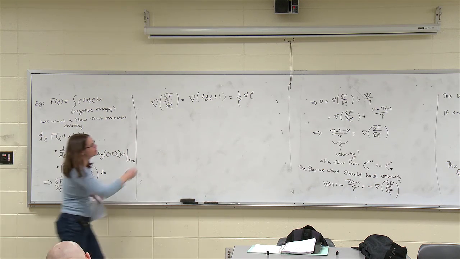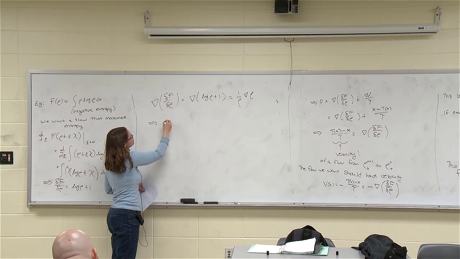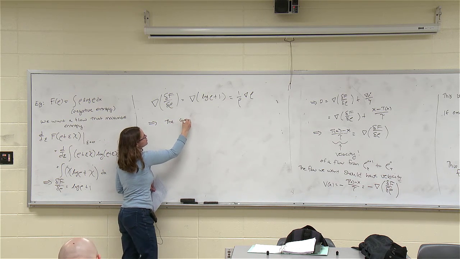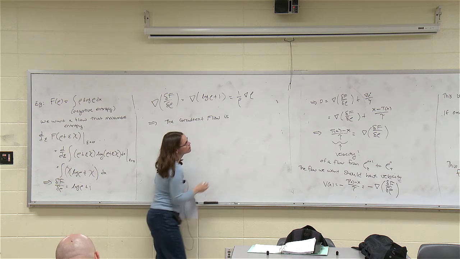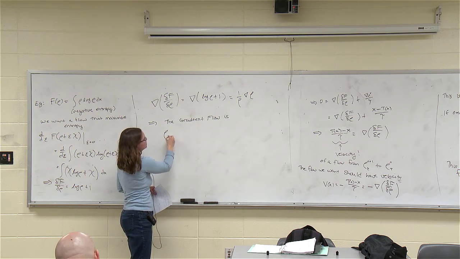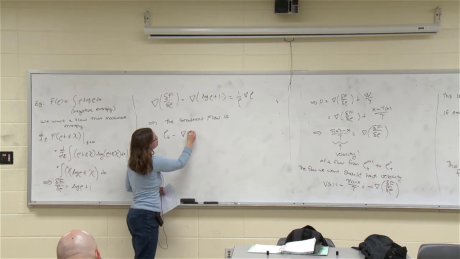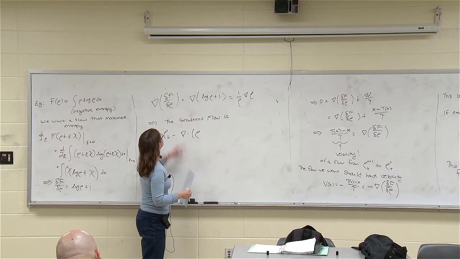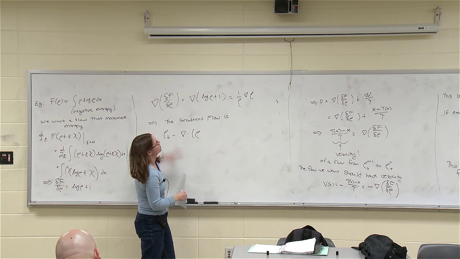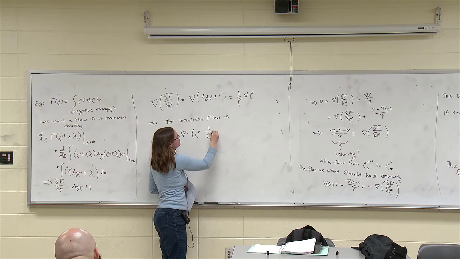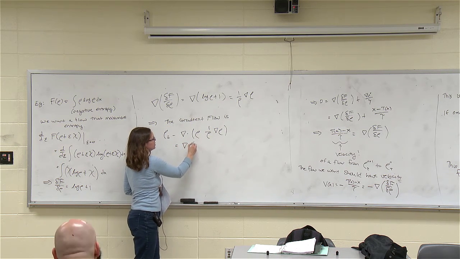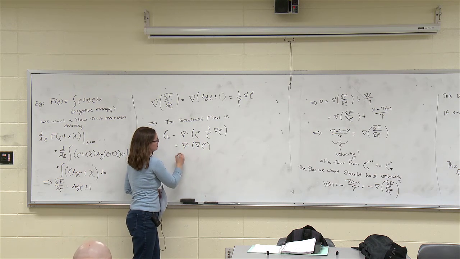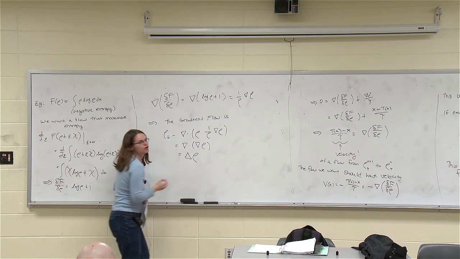Okay, we put that into our flow. So the gradient flow is rho t minus the divergence of rho times the gradient of my first variation. So that's 1 over rho gradient of rho. Just the divergence of the gradient of rho, which is the Laplacian of rho.